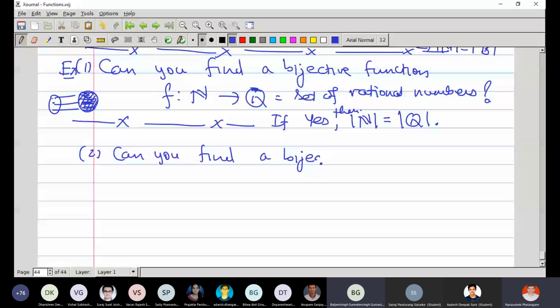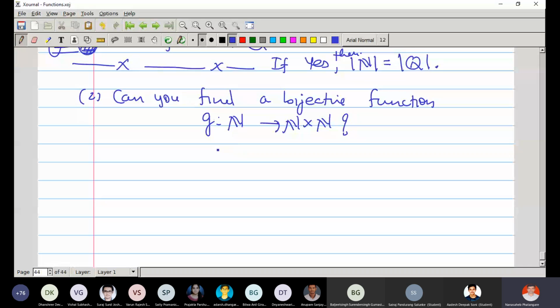Can you find a bijective function g from N to N cross N? This is another question. So you just think about it. We are not worried about this question right now. You think about it, and then we'll discuss, because immediately it is difficult, right?